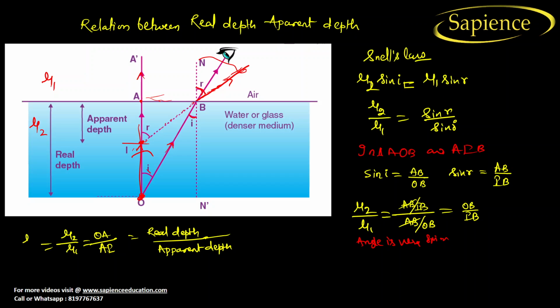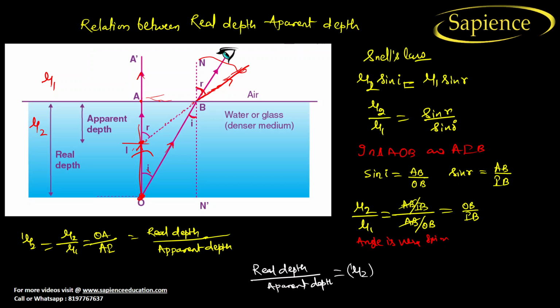And mu2 by mu1 can be written as mu2 with respect to 1. So from here what we can conclude is real depth divided by apparent depth is equal to mu2 with respect to 1.